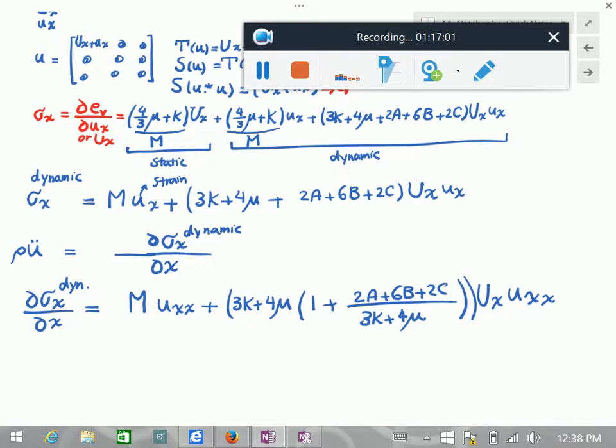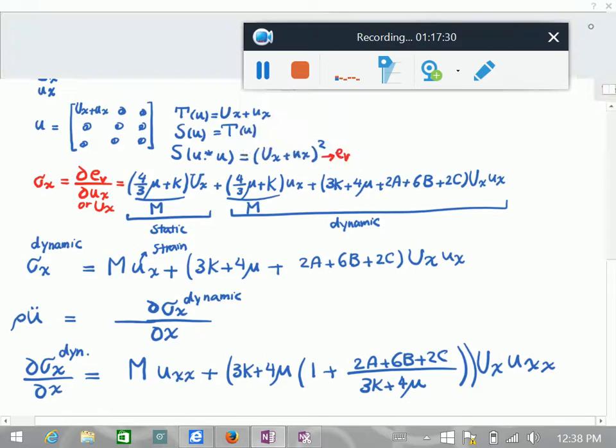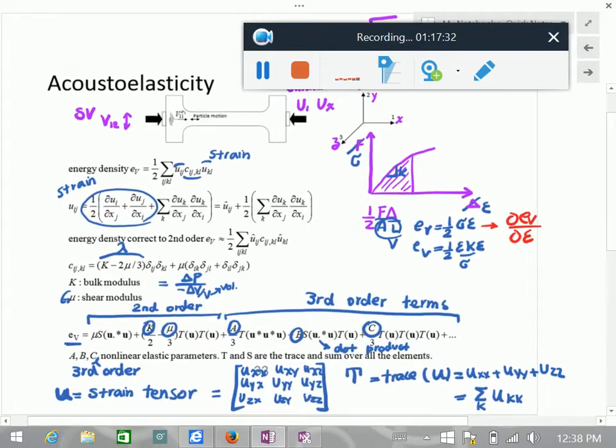Let's look. So we calculate sigma x, and then we just focus on the dynamic part of the stress. We say, okay, what we need to establish the wave equation is the derivative of sigma x. So the derivative of sigma x now, we add here, and you can see where it is going. I want to get m out of it. I want to factor m out, so that's why it is like that. Let me use another color.